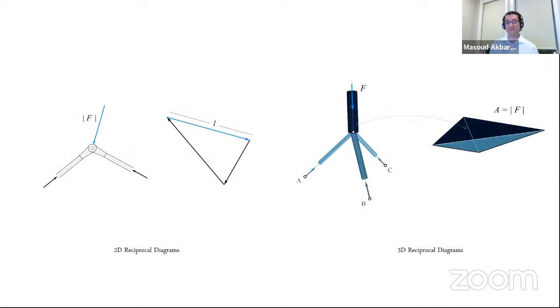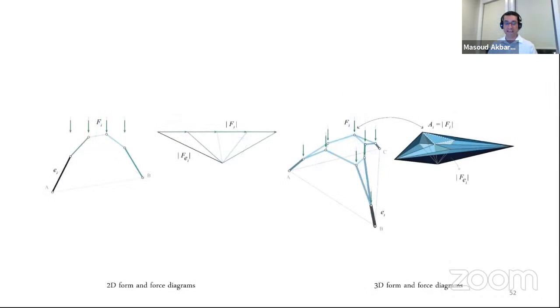Now, if in 2D the length of the edge represents the magnitude of the force, in 3D the area represents the magnitude of the force. Yes, so this was actually the beginning of the methods of 3D graphic statics and using reciprocal polyhedral diagrams, right?